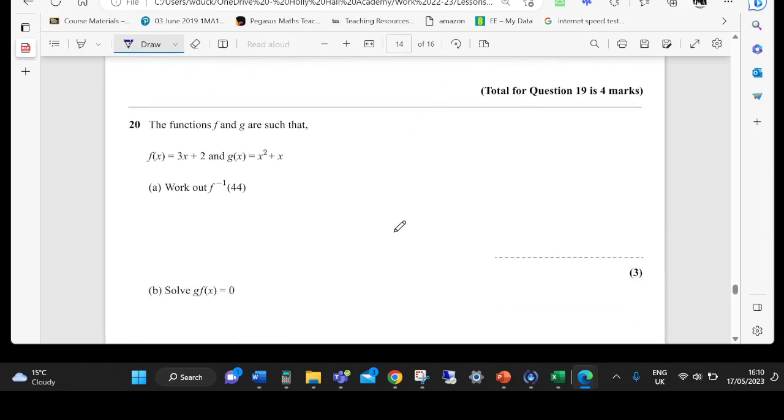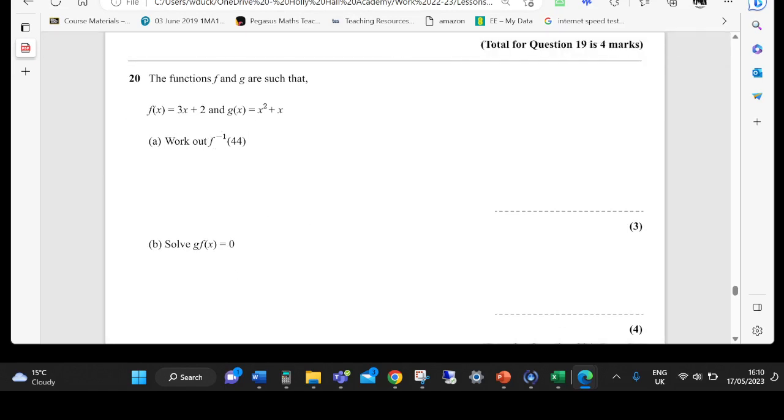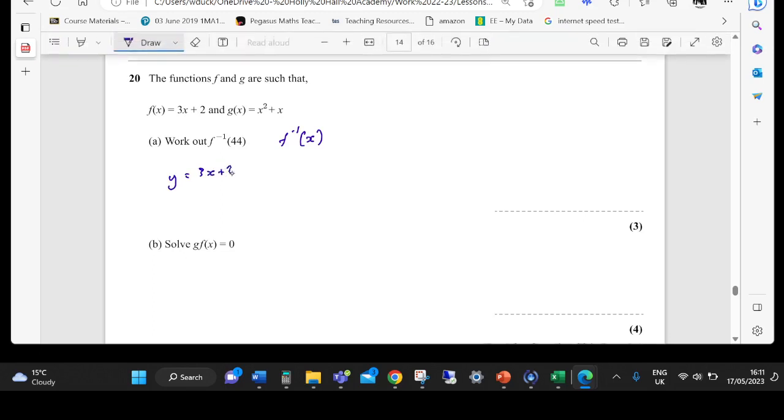Right, question 20. I was just thinking we haven't had a functions question yet. Okay, so work out the value of f to the minus 1 of 44. So to do this, first of all, I'm going to work out f to the minus 1 of x. I find the easiest way to do that is if I start out with the function of x and call it y for now. So y is equal to 3x plus 2.